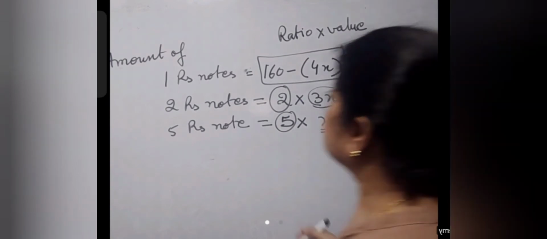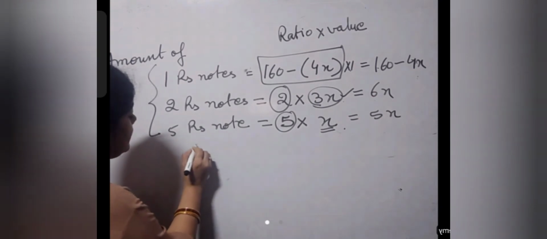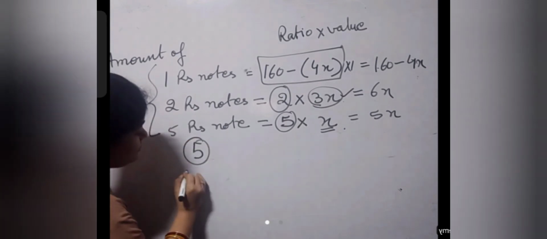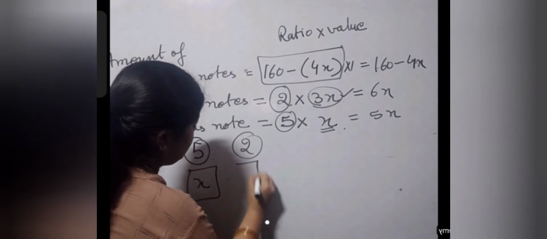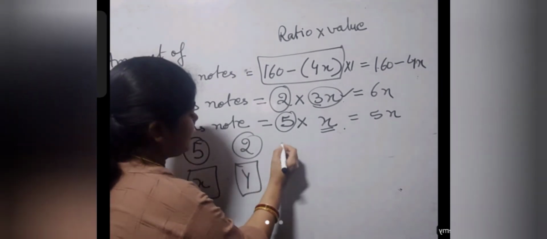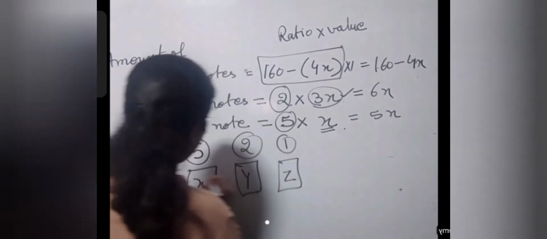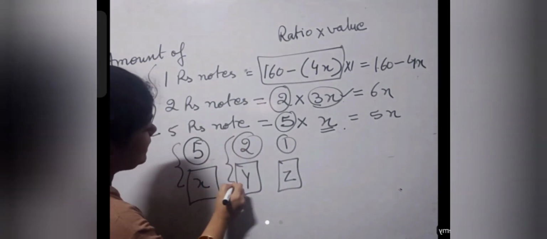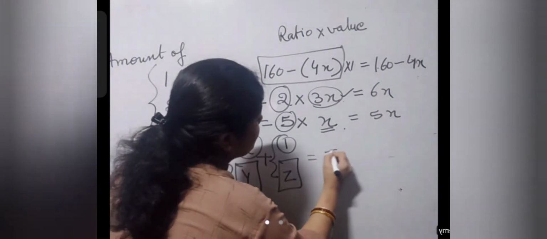Now, this is the total money I have. If we have x coins of 5 rupees, y coins of 2 rupees, and z coins of 1 rupee, when we multiply each number by its value and add, it is the total money.